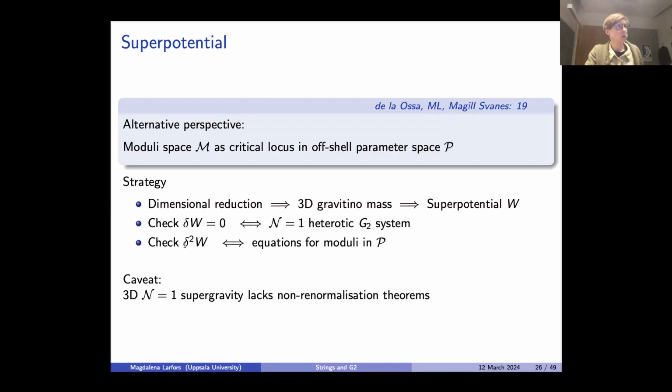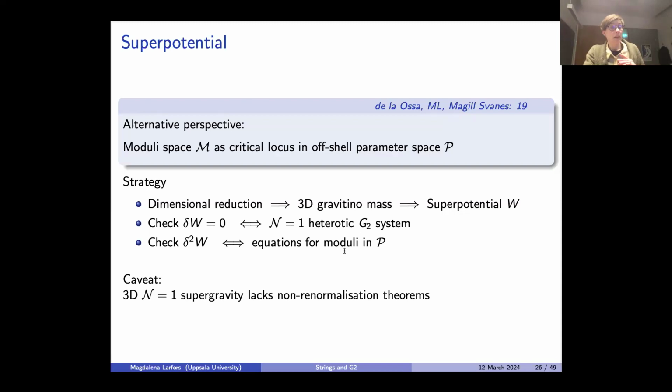So the strategy here is that we will use physics to do a dimensional reduction from the 10-dimensional heterotic string to 3D, which will allow us to define the superpotential for this 3-dimensional theory. And then we will check that the vanishing of the superpotential and the vanishing of the variations of the superpotential gives us the supersymmetry constraints for the heterotic G2 system, so that we encode now our N=1 heterotic G2 system in the vanishing of the superpotential and its variation.